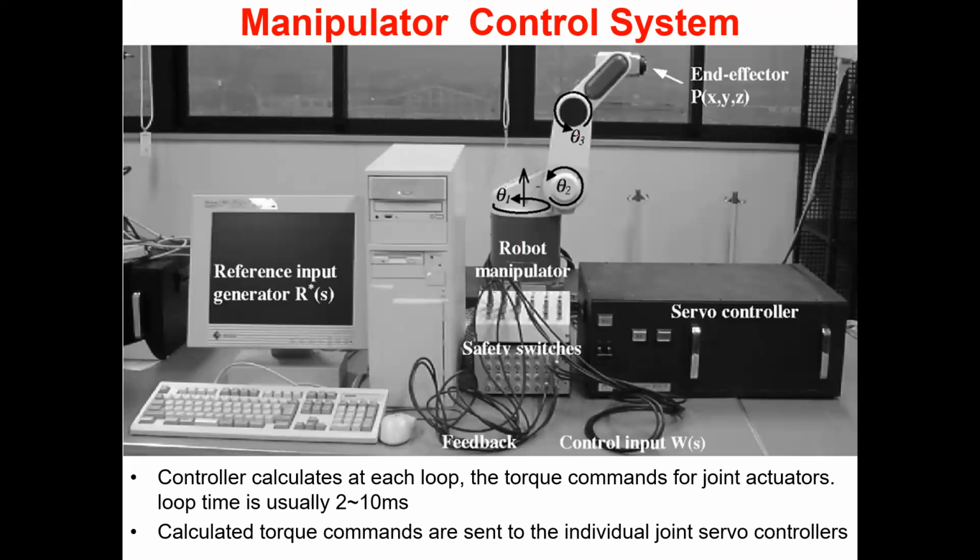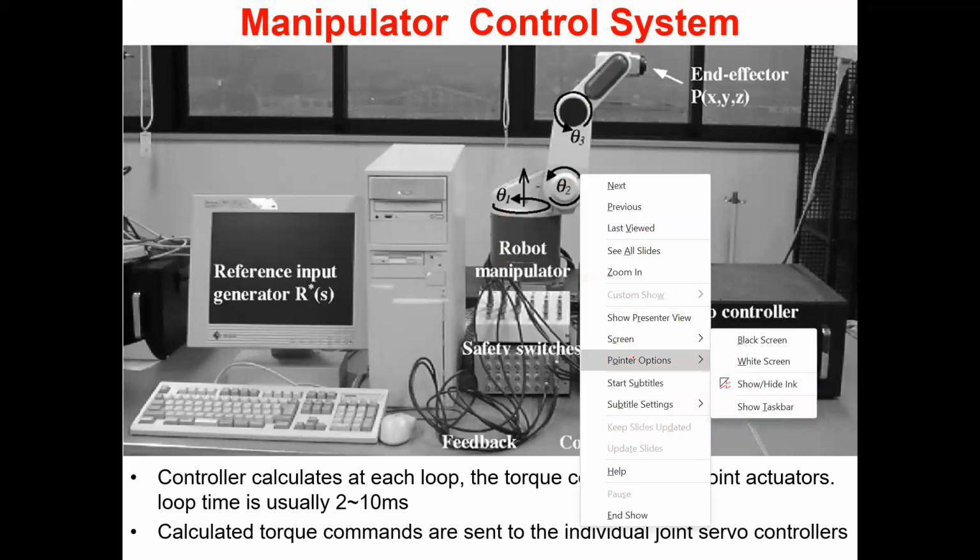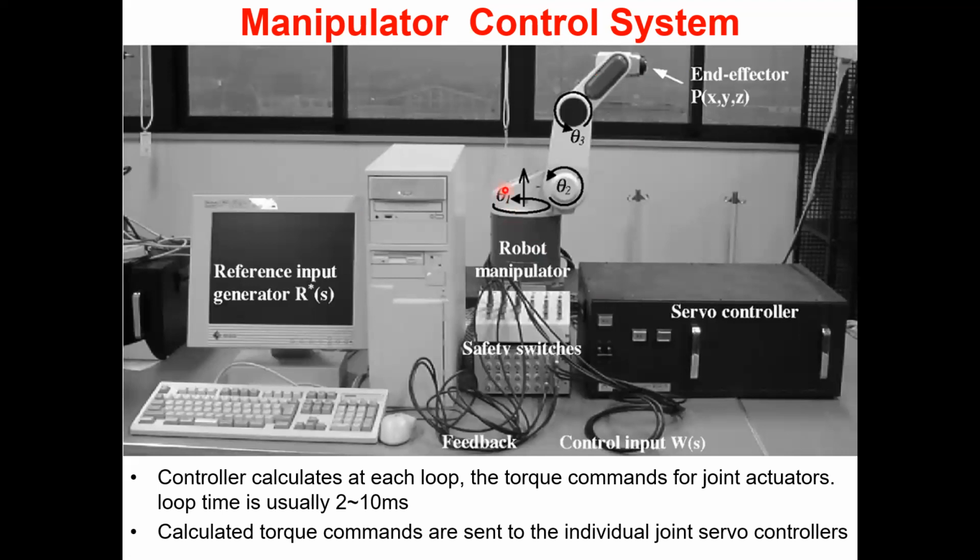So you can see the manipulator over here. This is in fact a 5-degree of freedom manipulator. You can see joint 1, joint 2, joint 3, joint 4, and joint 5. So pretty easy to figure it out in this configuration. So theta 1, theta 2, theta 3, theta 4, and theta 5. 5 degrees of freedom. It's not a redundant manipulator.